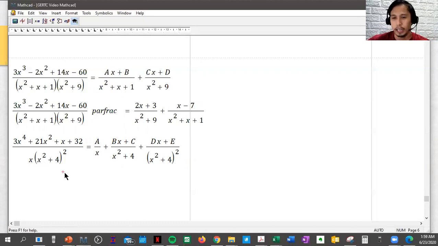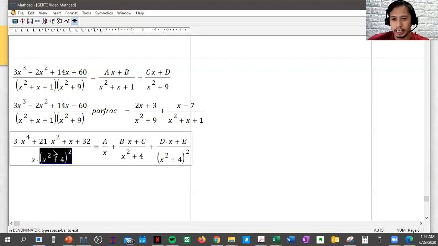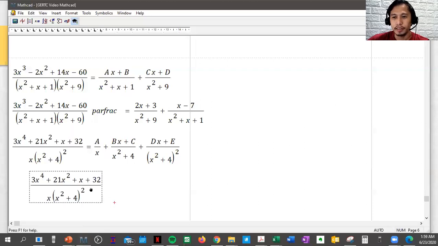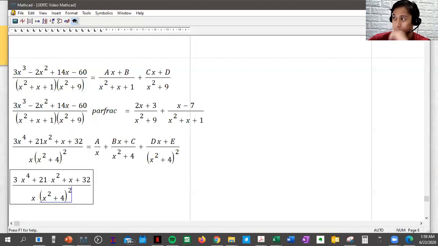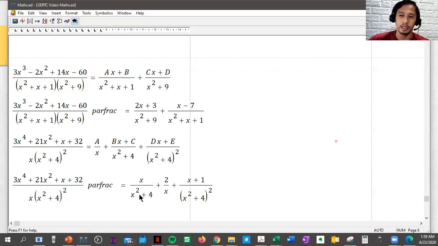So ganun yan. Now, I'm gonna show you the exact answer to this. Ito. The partial fraction yan is ito, x over x squared plus 4 plus 2 over x plus 1.